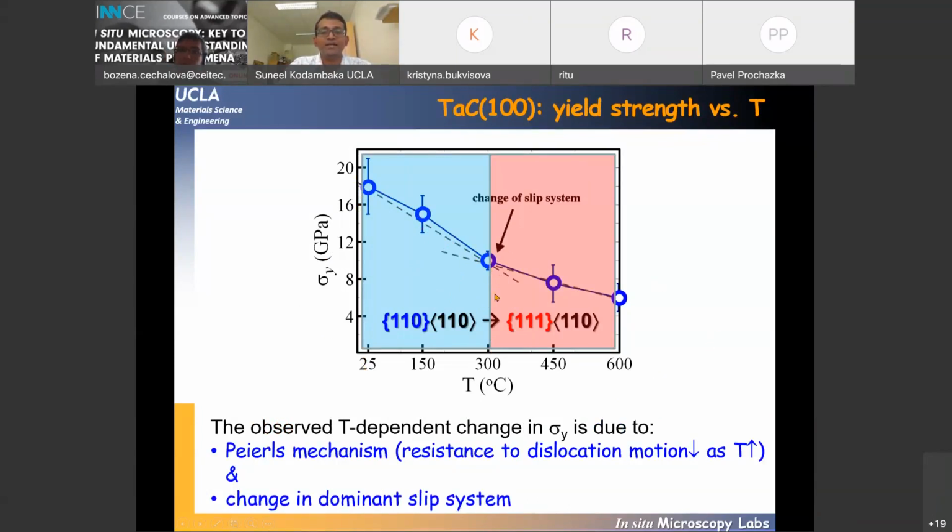And we attribute this change in slope to a change in the slip system, that at or below 300 degrees C, you have 110 as the dominant slip plane. And upon increasing the temperature, the most active slip system that contributes to plastic deformation is the 111 slip system.